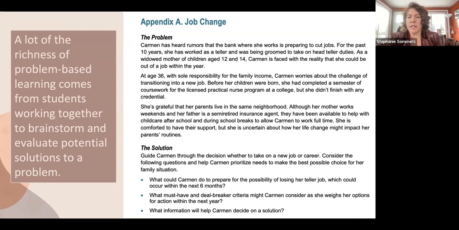And in a few minutes after we look at the lessons, I'm going to show you a great tool for helping your students make decisions called a PACED guide, P-A-C-E-D. Some of you might be familiar with that, but it adds a little bit of structure to this idea of evaluating different possible solutions.